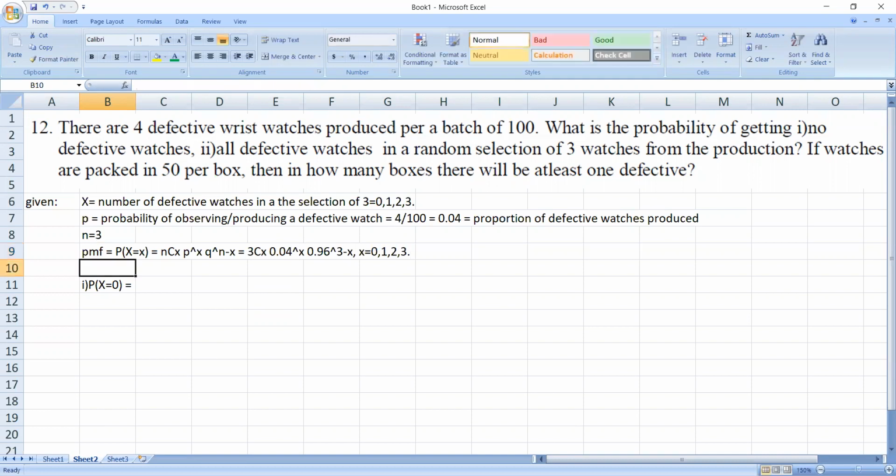So this is the PMF. So P of x equals 0 becomes 3C0 into p to the power of 0 into q to the power of 3 minus 0, which is 3, or simply you can write this as q to the power of n.